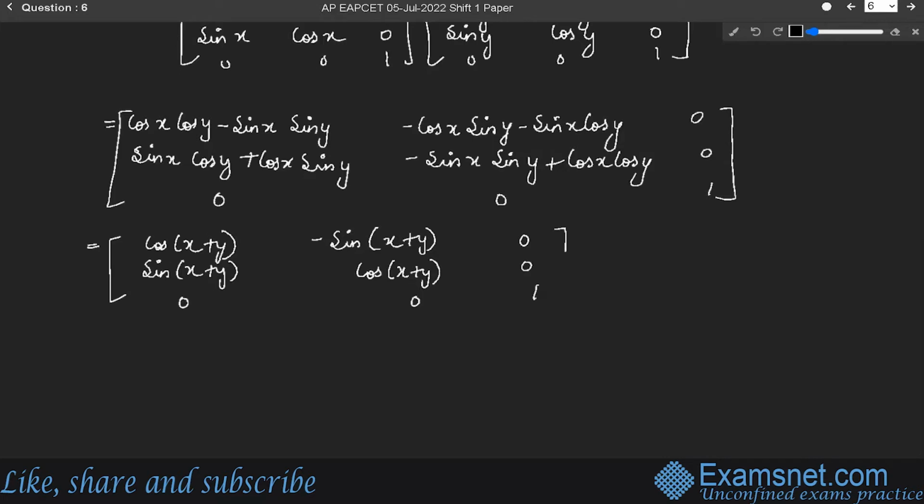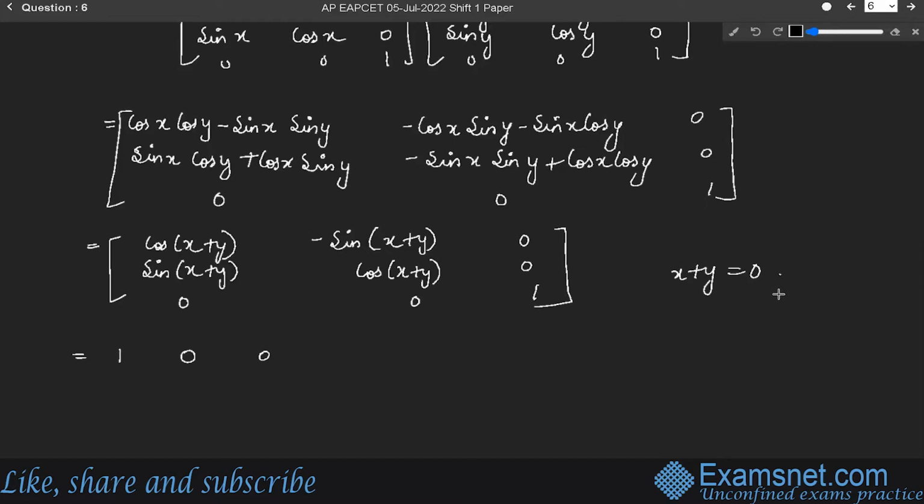In the question, an equation is given which is x plus y is equal to 0. So putting the value in the matrix, cos 0 is 1, minus sin 0 is 0, and third term is 0.